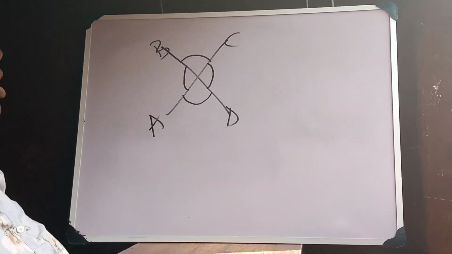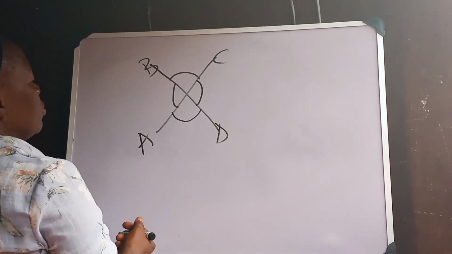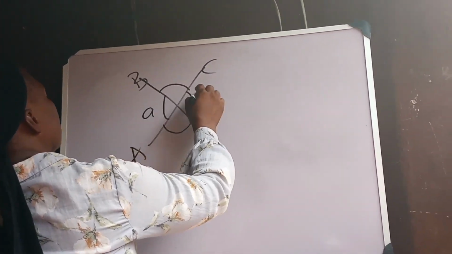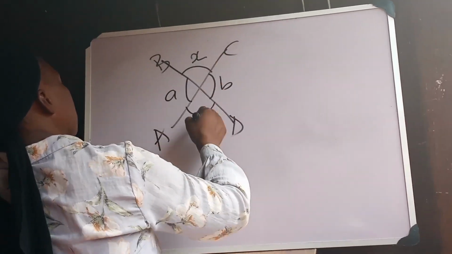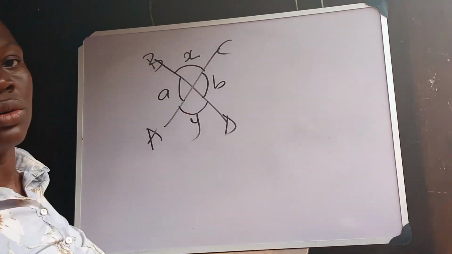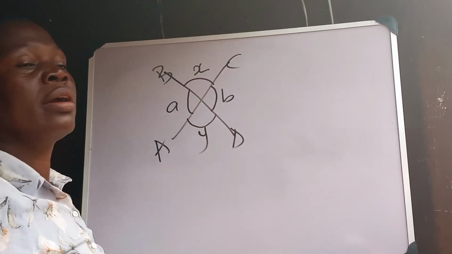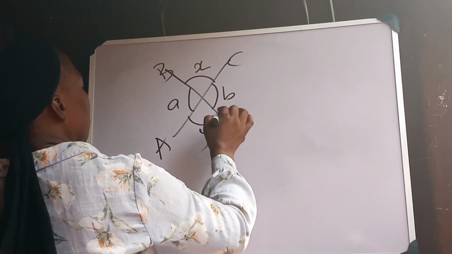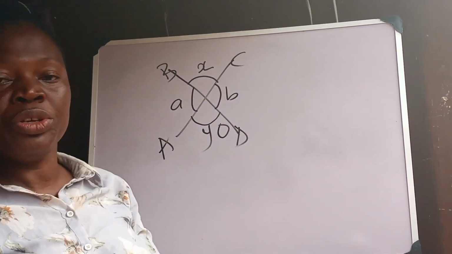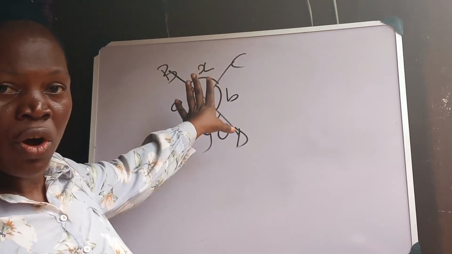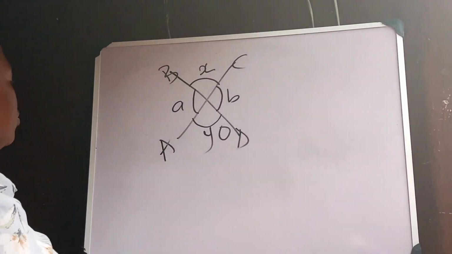Let's call this our angle A, B, X, Y. And let's have our O here. We'll be using it to indicate the various angles formed on this board.